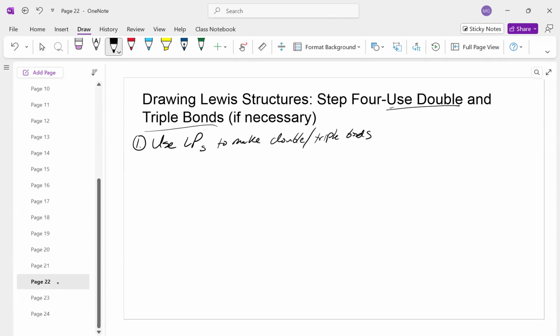Keeping in mind that carbon, nitrogen, oxygen, fluorine can't have more than 8 valence electrons around it. Period 3 and below is okay, but not period 2.